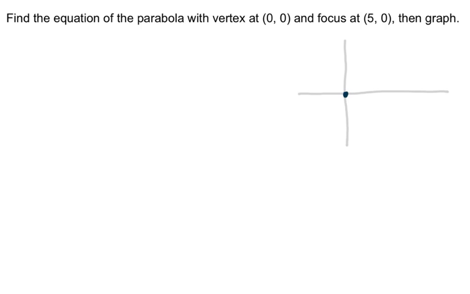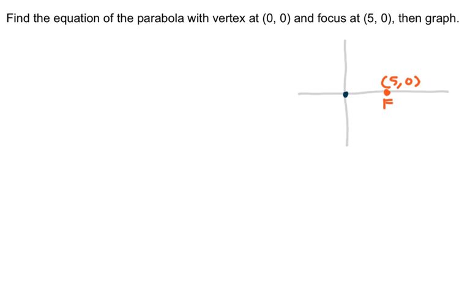And where is my focus? My focus is +5 units out on the x-axis. So my focus is in here at this point, (5, 0). Now, the p-value is always going to come as that distance between the vertex and the focus.